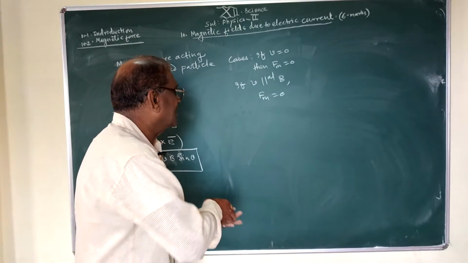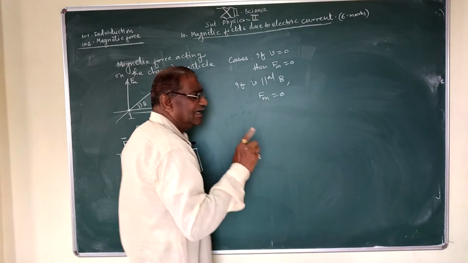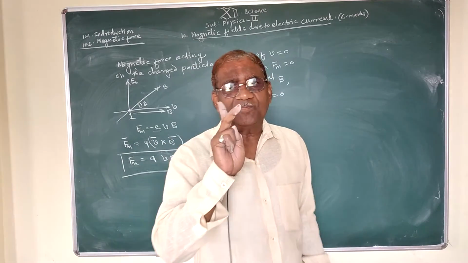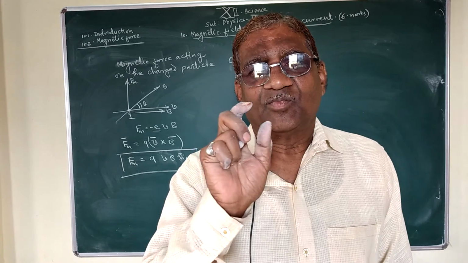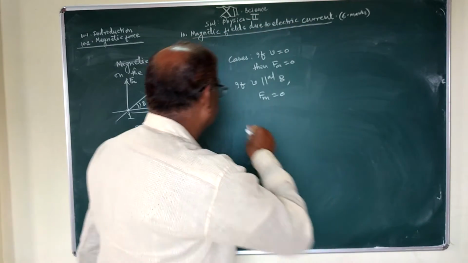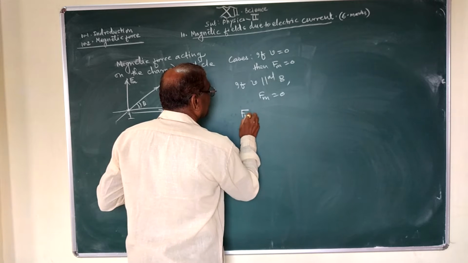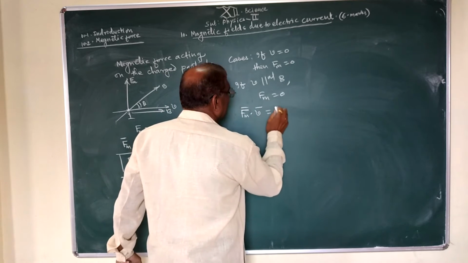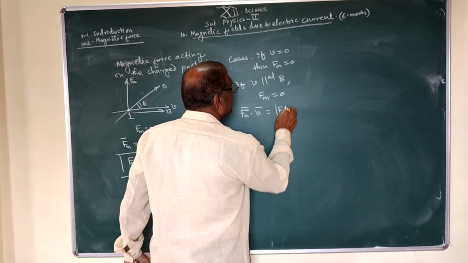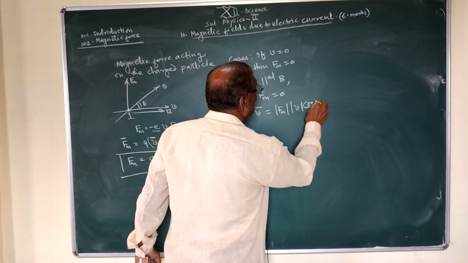Work done on the charged particle is 0, because work done is the dot product of two vectors, that is force and displacement, that is Fm dot V is equal to mod of Fm into mod of V into cos theta.